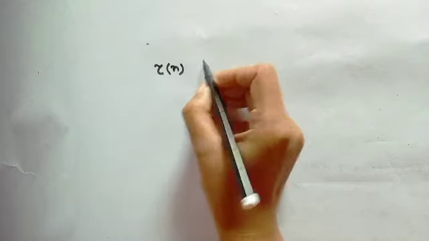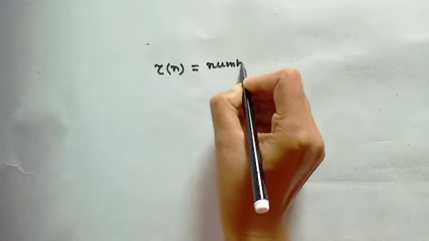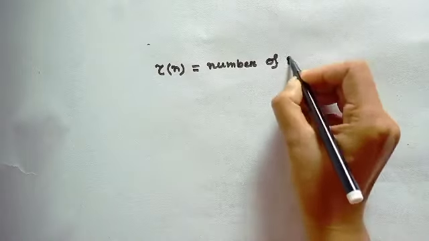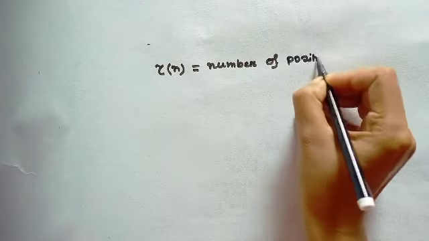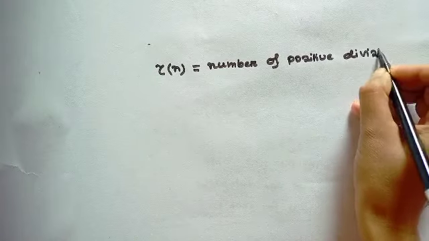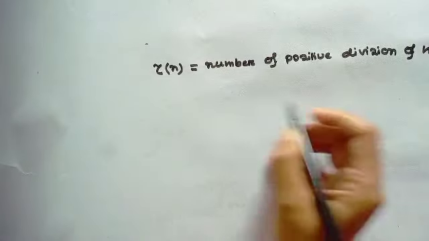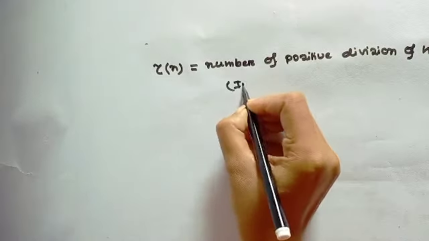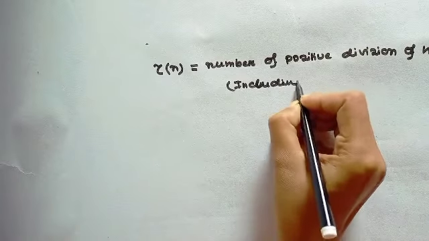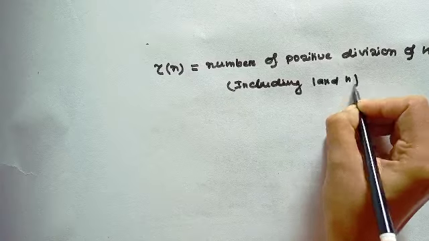Tau n equals the number of positive divisors of n, including 1 and n.